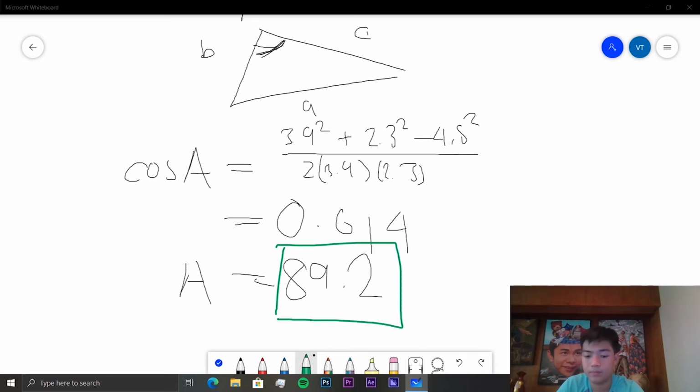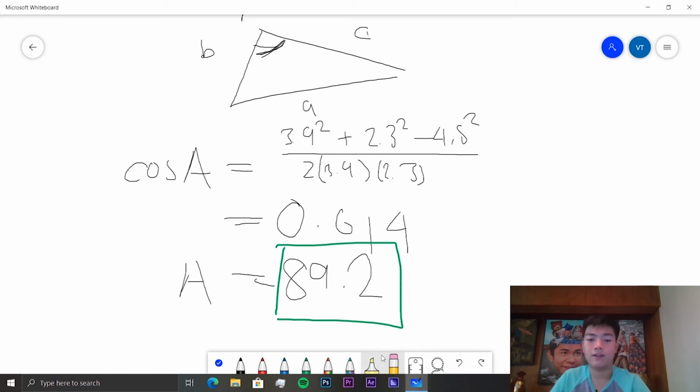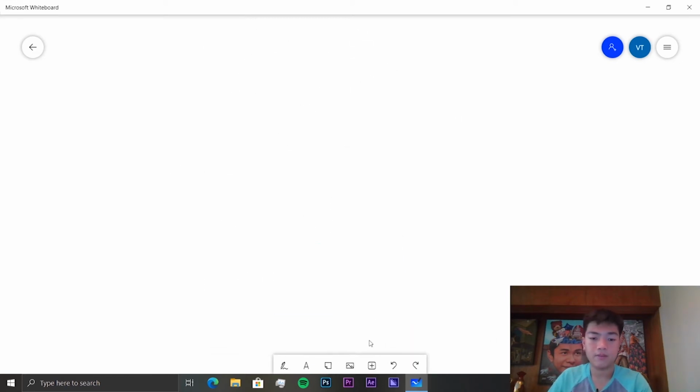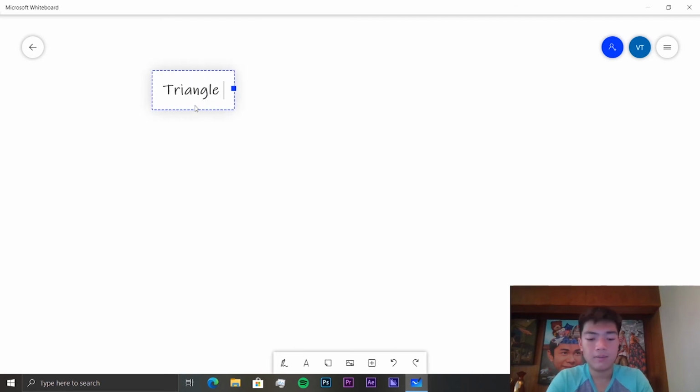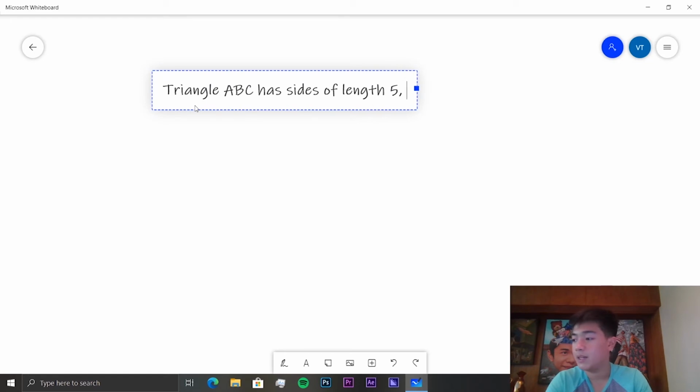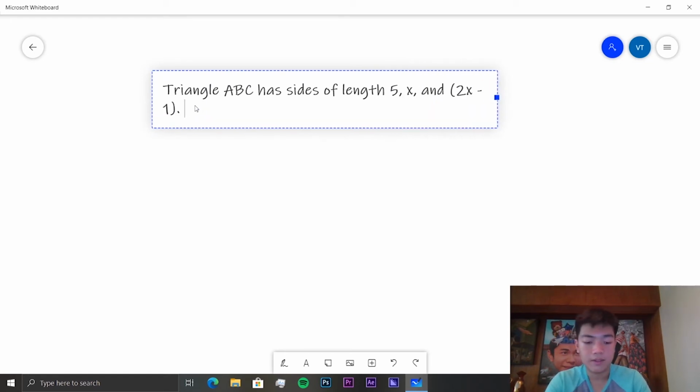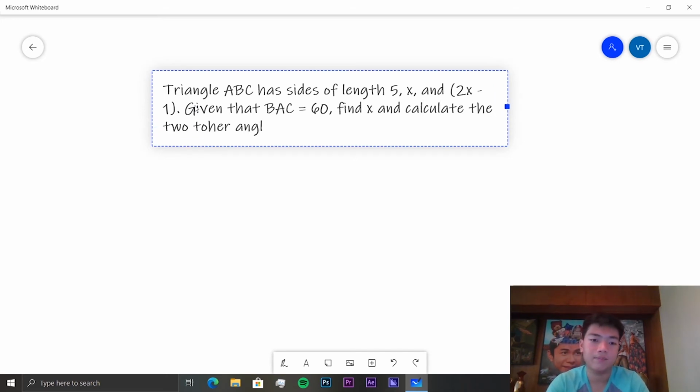So next question and final question we have, where are we? We have triangle ABC has sides of length 5x and 2x minus 1. Given that BAC is equal to 60, find x and calculate the two other angles.